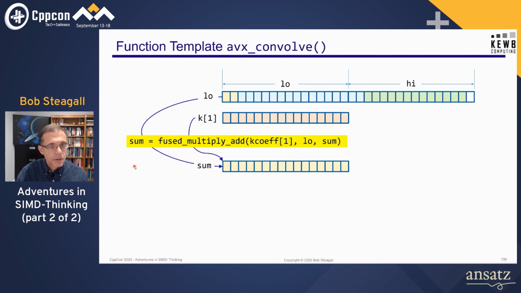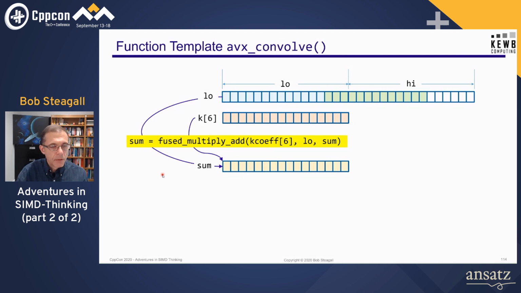And I will continue this a few more times for coefficient number 2, 3, 4, 5, and 6. Notice how the values in high have been shifting down into low, which is effectively the same thing as taking the coefficient register and shifting it upward. Every time I do this single step multiplication and add, I accumulate the result in sum.